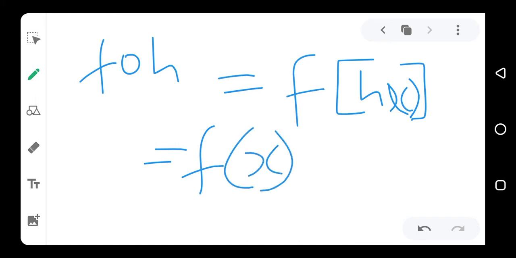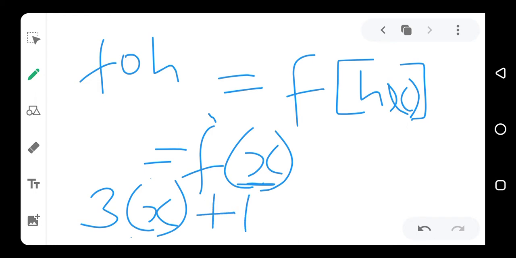Now we use this x to replace every x in f of x. f of x is 3x plus 1, so it becomes 3 bracket x plus 1, which is equal to 3x plus 1.